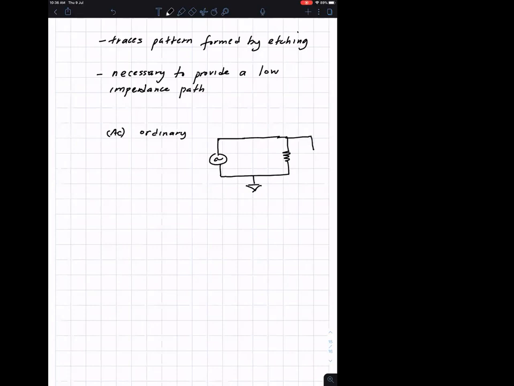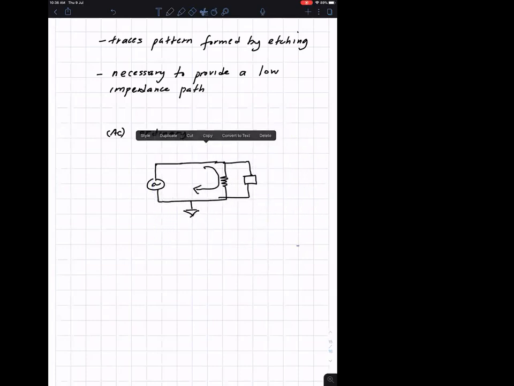Say you have another load here; all the current returns to the same common point. So we call this common ground.